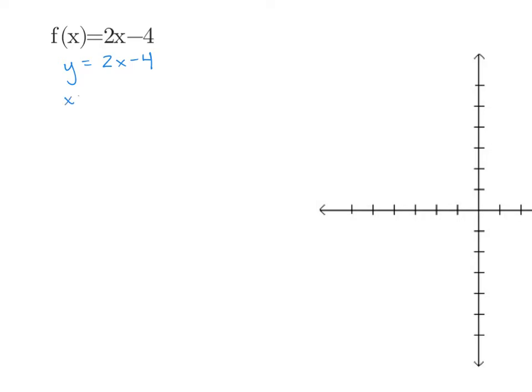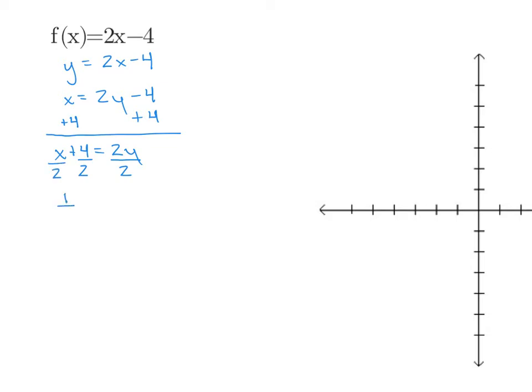So we get x equals 2y minus 4. And I want to solve for y, so I'm going to add 4 to both sides. We get x plus 4 equals 2y. And then I want to divide each term by 2.